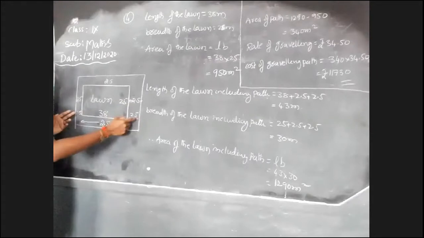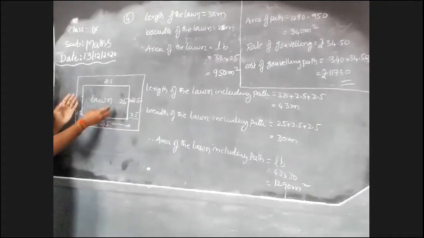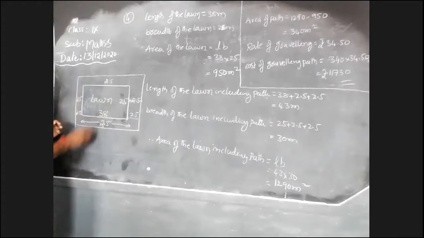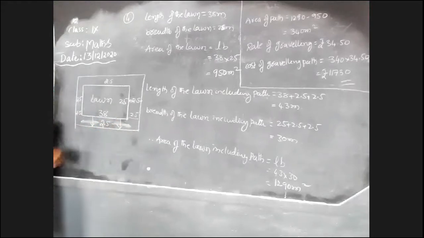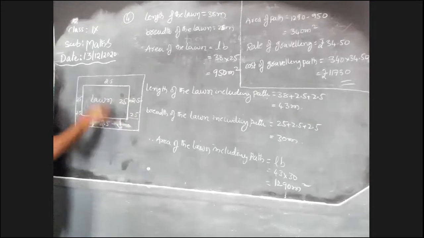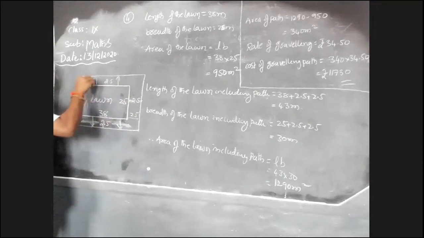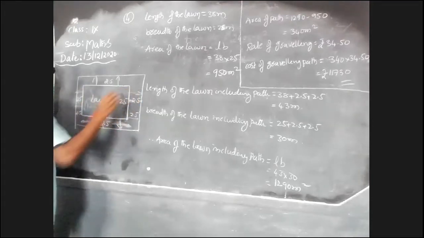Means the length is increasing by 2.5 plus 2.5, so that is 5 meters increasing. And in the breadth also it increases by 2.5 on this side.